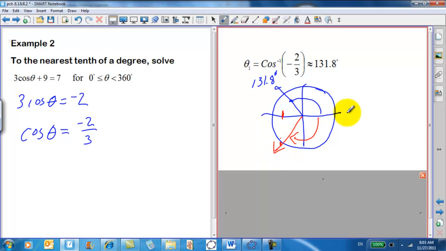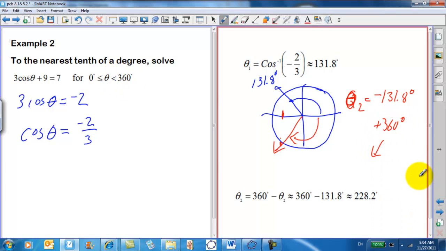So it's going to be the mirror image over the x-axis. It's going to be clockwise rotation instead of counterclockwise rotation. So theta 2 will just equal negative 131.8 degrees. The thing is, we were asked to give the answers from 0 to 360, so we add 360 on to get the angle coterminal with that. So you end up with two answers.